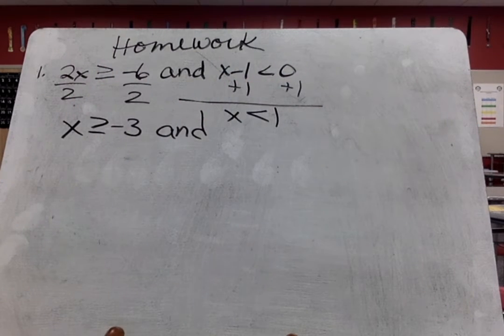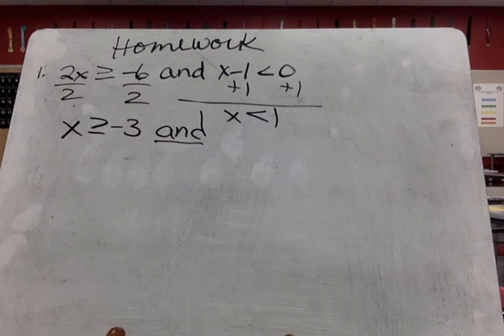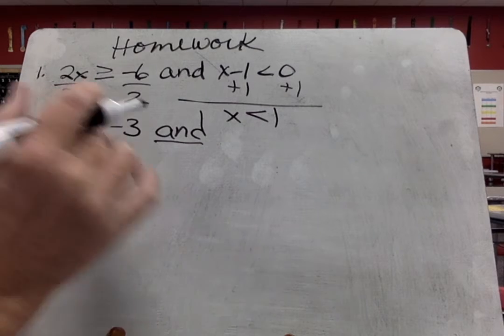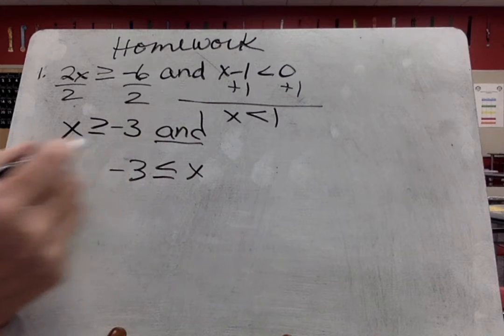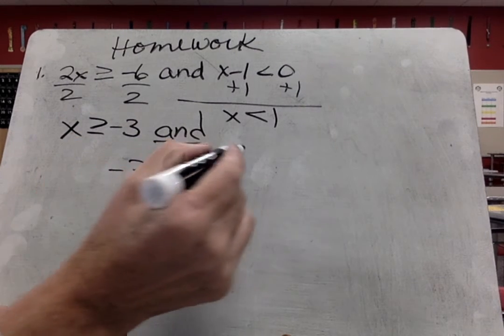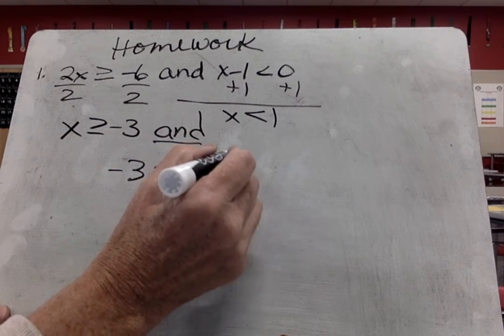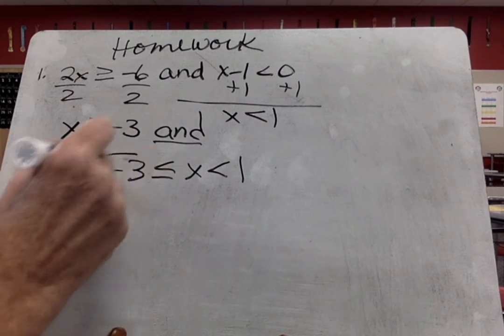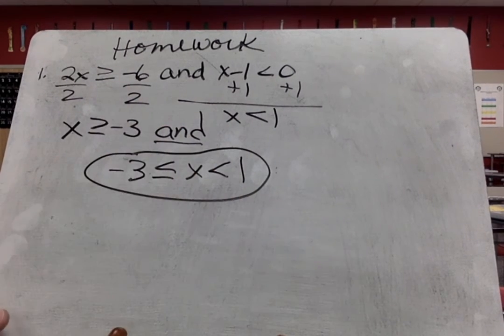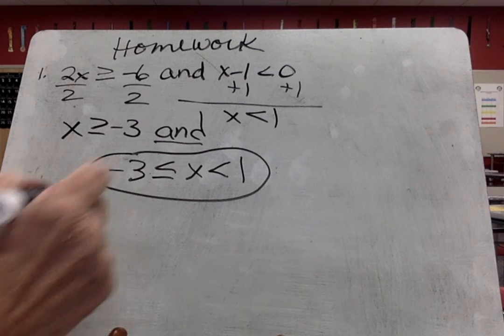Okay? Now, when you have an and, most of the time you can put it into one singular equation. So I'm going to go ahead and switch this to negative 3 is less than or equal to x. That's using the reflexive property here, which is also less than 1. So it's an and, I put it all together, and that's what we're looking for in ands. One equation.